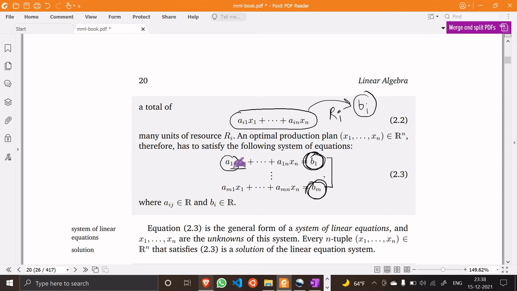So in order to make x1 units, we need a11 into x1 and so on. To make nn, we needed a1n units of r1, so to make xn units, we needed a1n into xn units of r1. Okay, so this was the total utilization of r1 and so on and so forth. So this is how we get this system of linear equations.